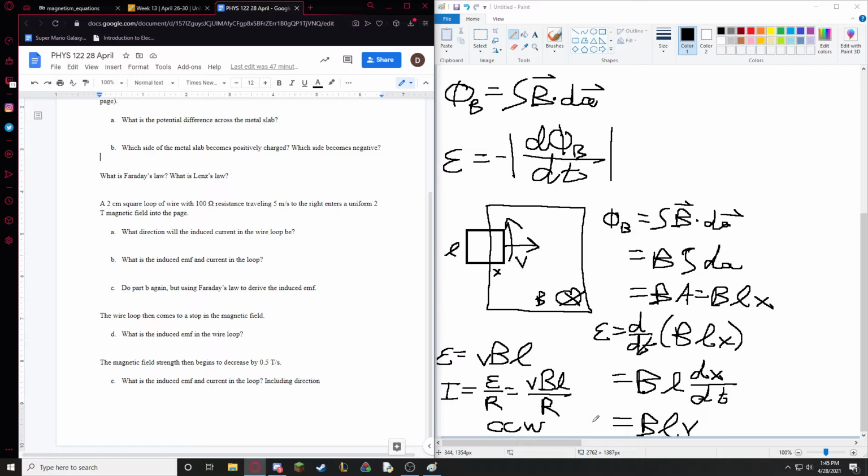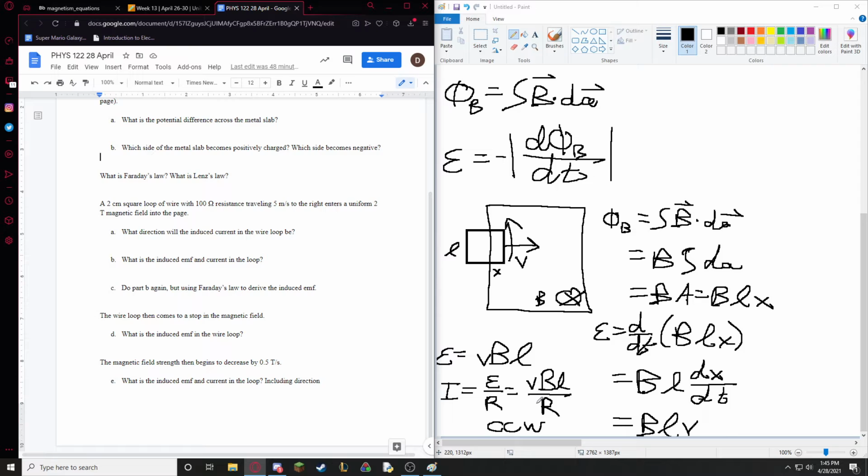Because the change in flux is into the page, let's take our thumb and point it out of the page. What direction do our fingers curl? Counterclockwise, exactly. That's how we use Faraday's law and Lenz's law to derive the direction of our induced EMF.